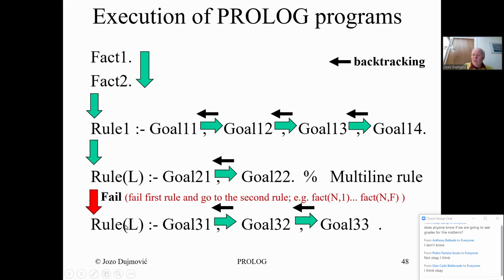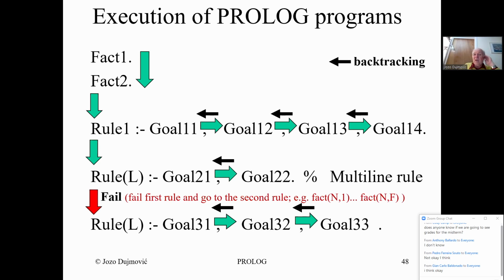So you can have different goals. So you can have a rule that is satisfied in 2 different ways. It is always going to go top down and left to right. Left to right with selective backtracking. So go left to right, but return right to left when you have the backtracking process.